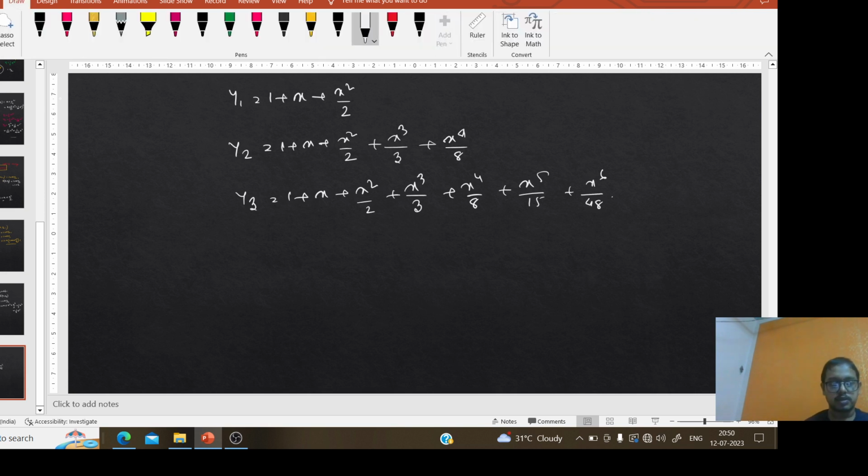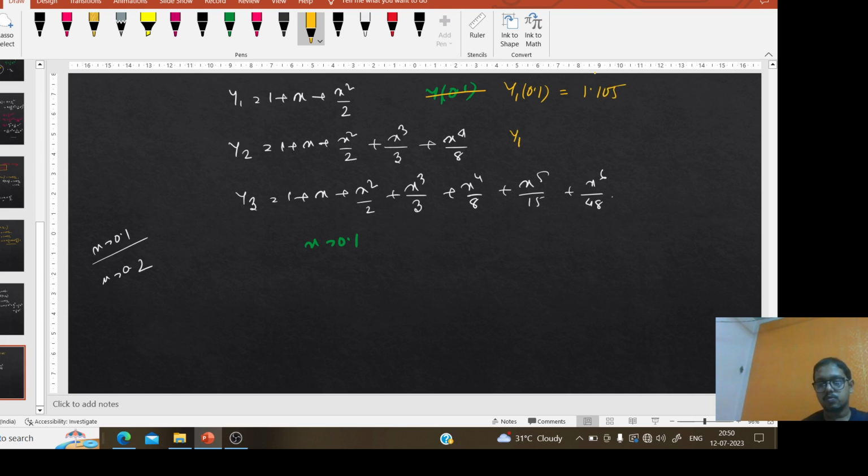We have to approximate at x is equal to 0.1 and x is equal to 0.2. At x is equal to 0.1, y1 of 0.1 you will get 1.105, y2 of 0.1 you will get 1.105346, and y3 of 0.1 you will get 1.105347.